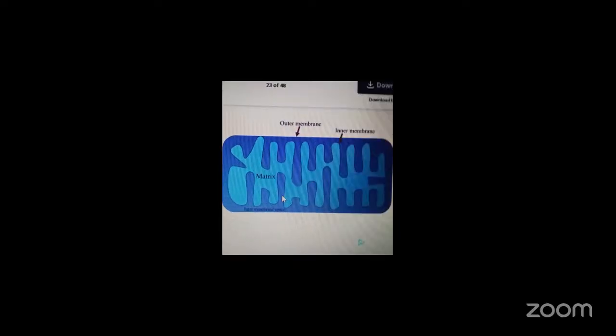This is the structure of mitochondria: the matrix, the outer membrane and inner membrane, and some folding areas. That one we call cisternae.